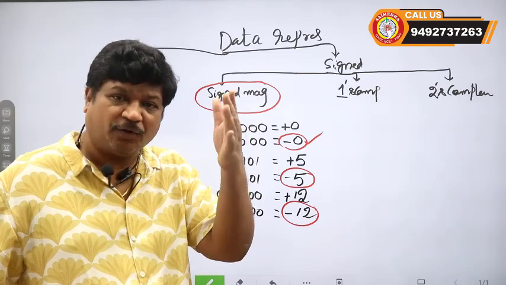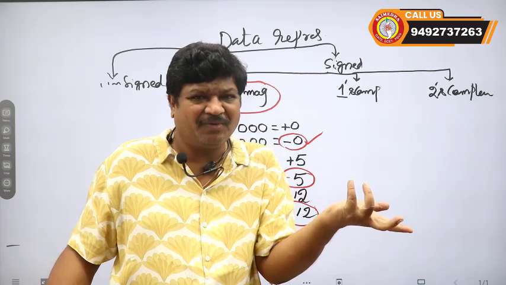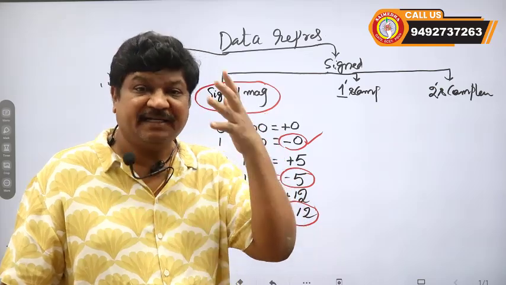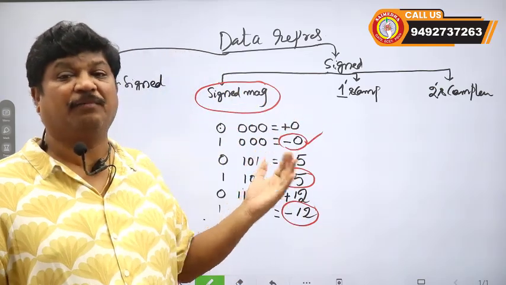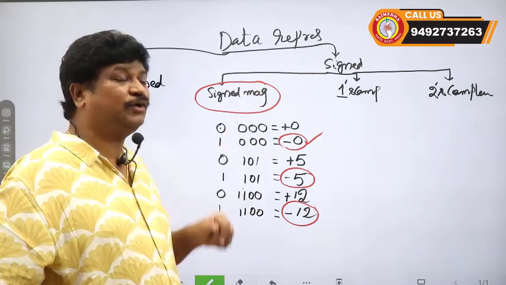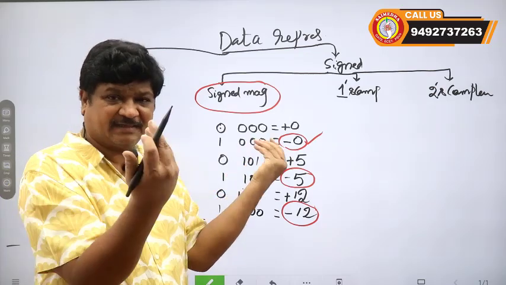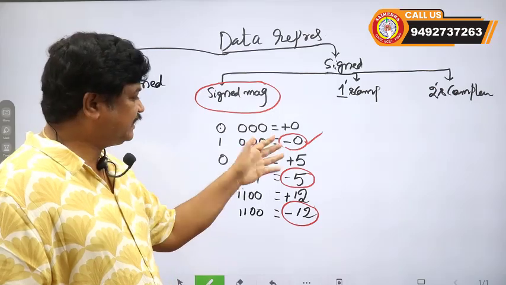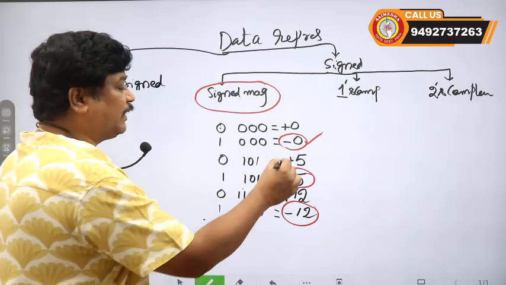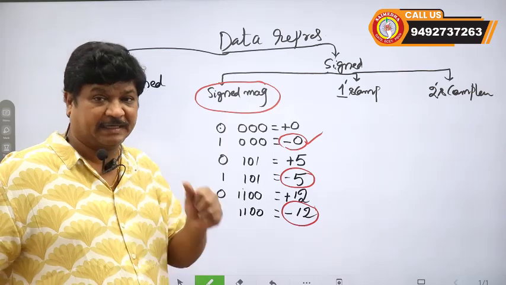Have you seen a minus 0 value anywhere? We don't distinguish between plus 0 and minus 0. But in this data representation, there is a negative 0, which is a drawback, because plus 0 and minus 0 together are a 0 itself only. So that is one drawback here.